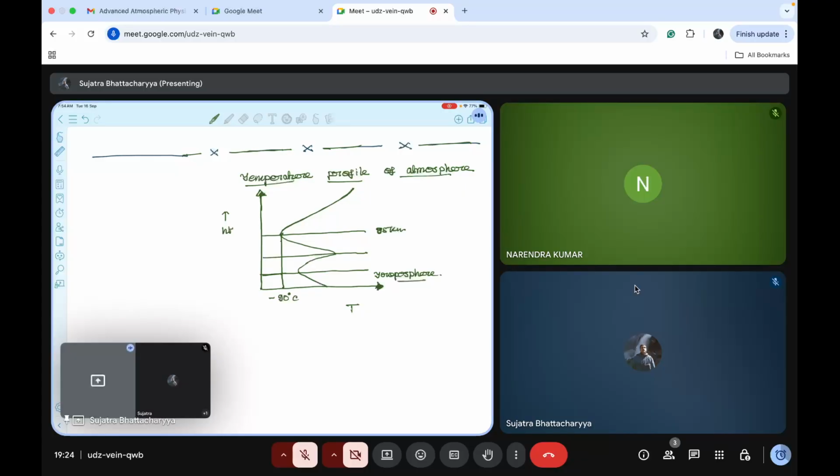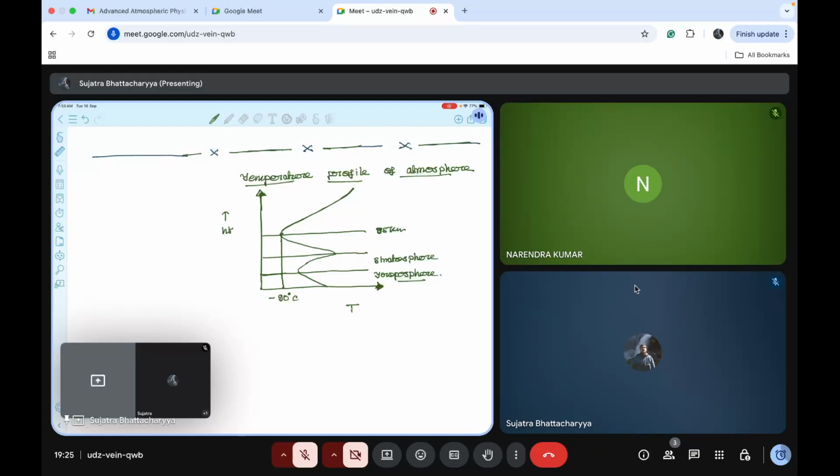The troposphere is where all these atmospheric dynamics and weather phenomena can be seen. This is the stratosphere, very important, where the ozone layer is. Ozone, of course, is a greenhouse gas, but the ozone generally blocks the UV rays.